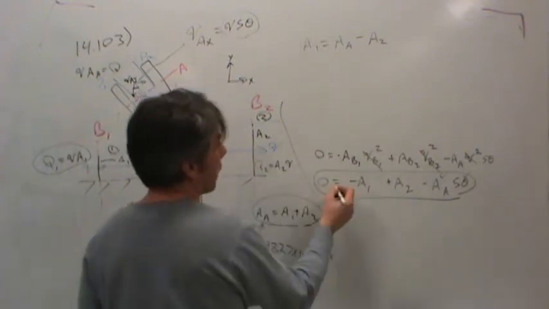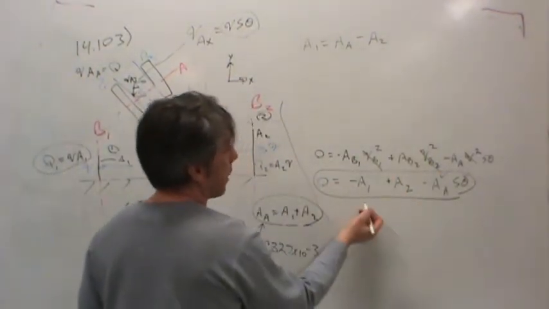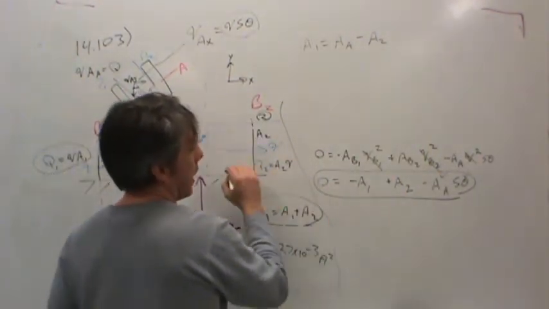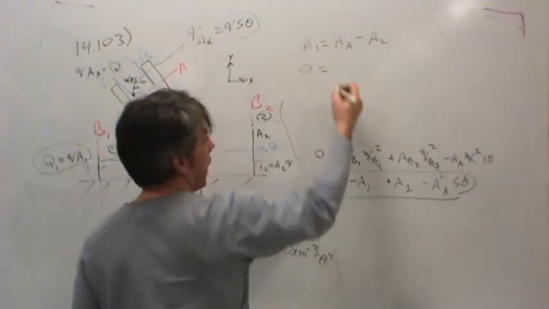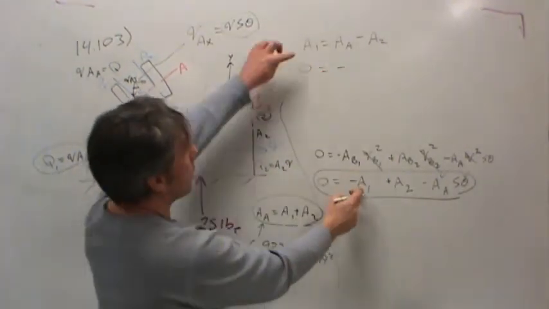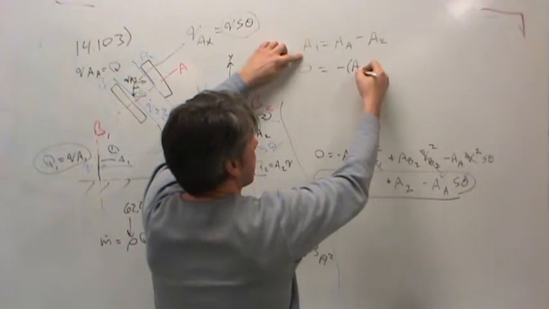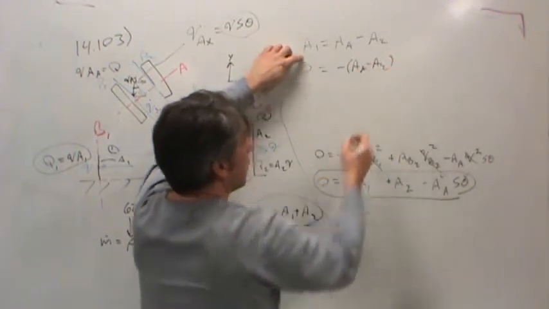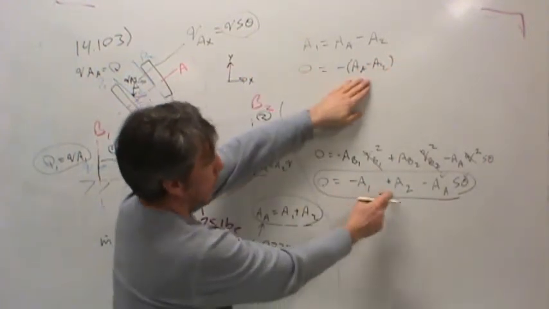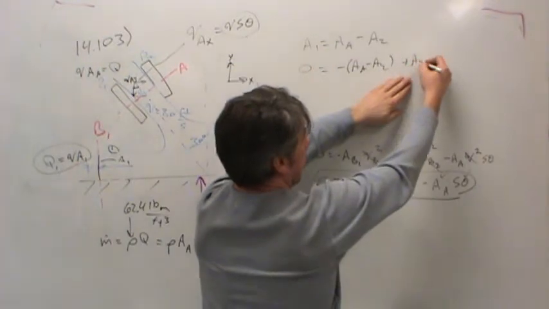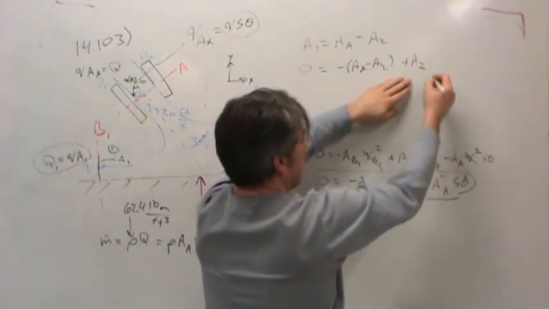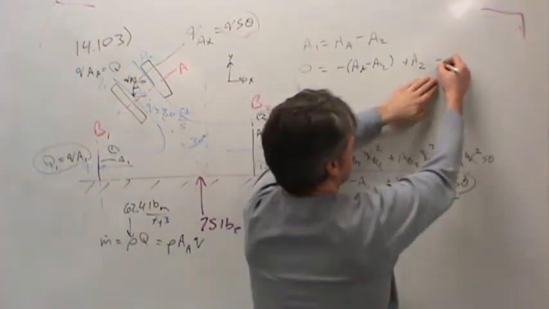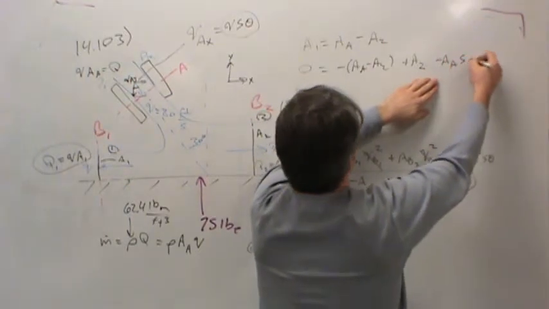So if I plug that into the momentum balance, then what I would have is 0 equals negative A1, but A1 is area at A less A2, okay, plus A2, okay, less the area at A sine theta.